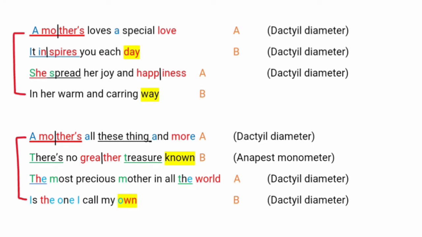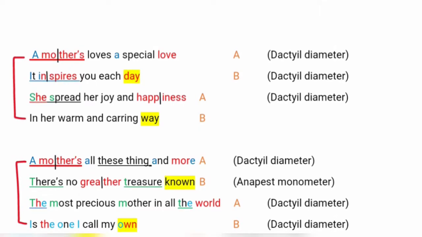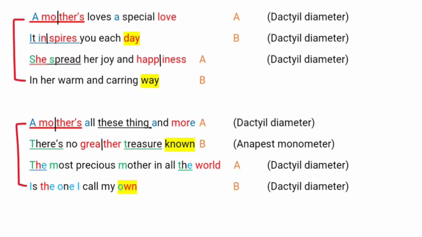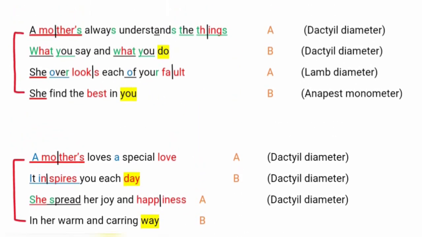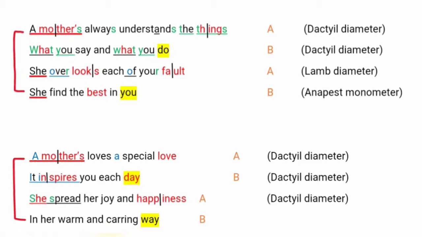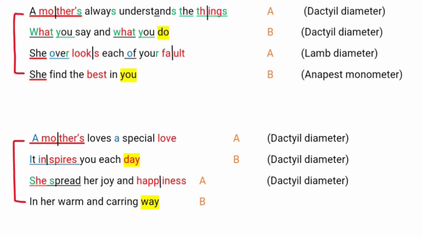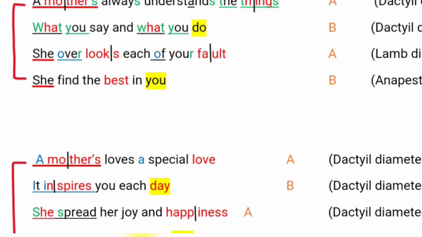And the black line is the alliteration. You can see the alliteration in the first stanza. You can see the word what, in the second line, what.